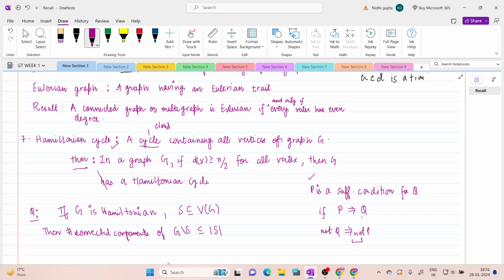So this is a necessary condition: if G is Hamiltonian and we take any subset of vertices, then the number of connected components should be less than or equal to the number of vertices that we are removing.